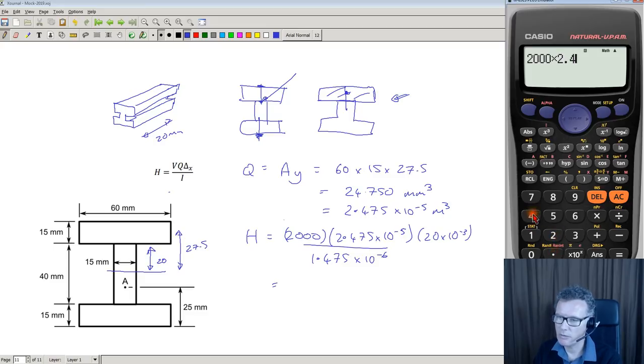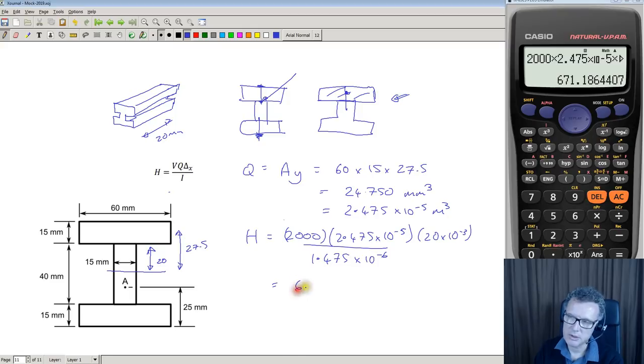2000 times 2.475 times 10 to the minus 5 times 20 times 10 to the minus 3 divided by 1.475 times 10 to the minus 6.